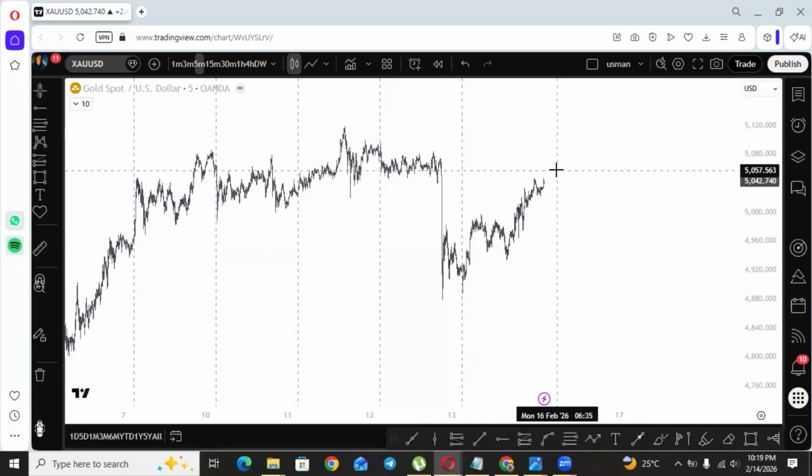That doesn't mean that I'm a magician or I knew where the institutions were hiding their orders, or they called me first telling me that we are going to buy from here. No, that's totally a wrong anticipation or wrong thinking.